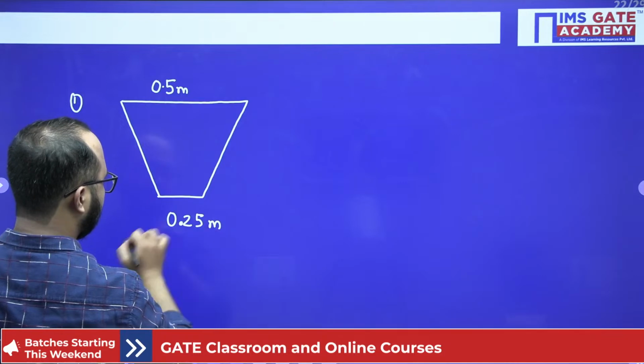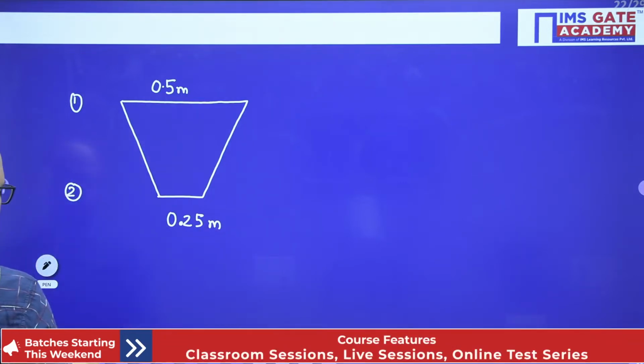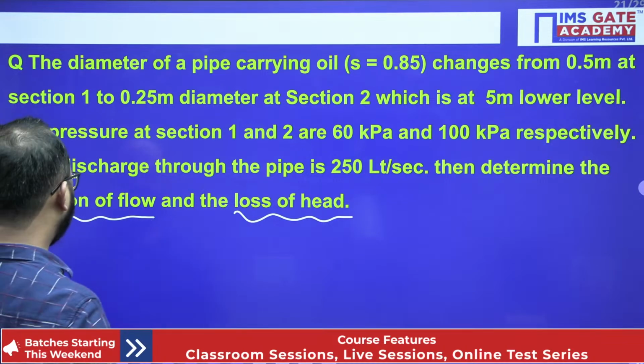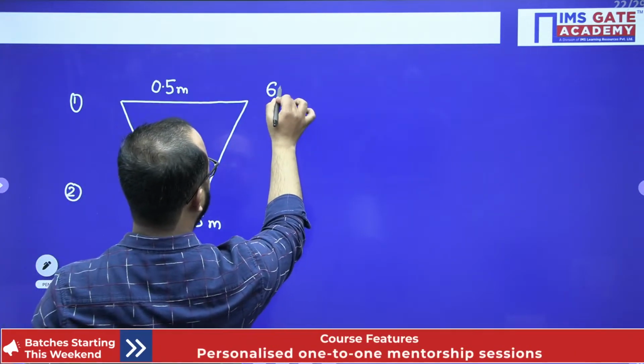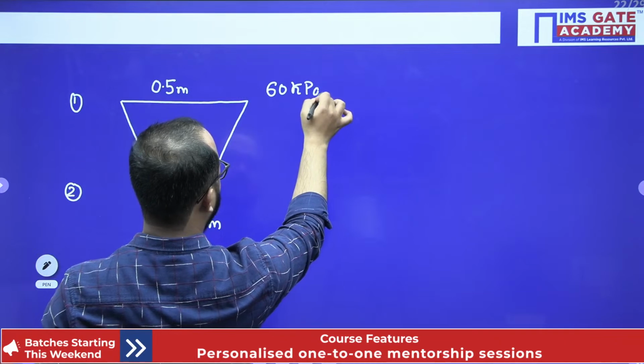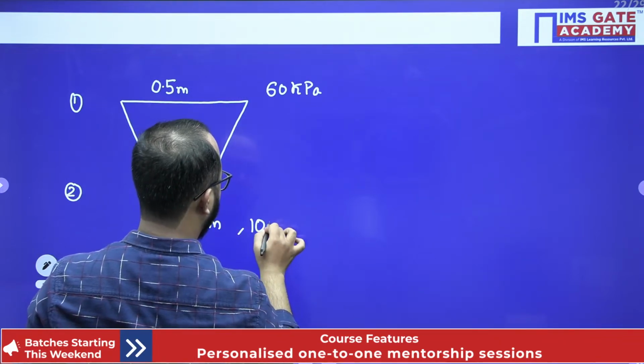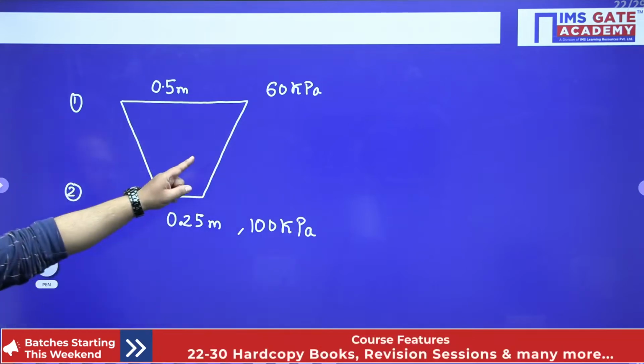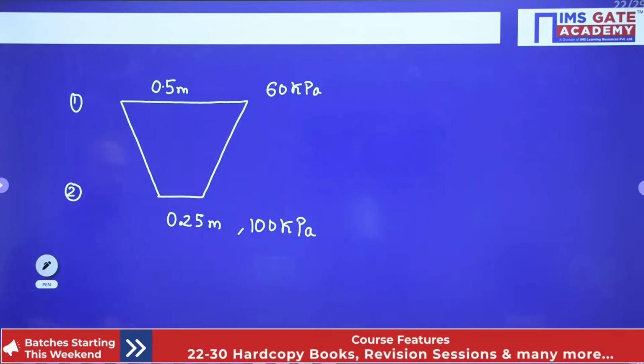So you should draw the diagrams so that there is no confusion. Sections 1 and 2 have 60 and 100: 60 kilopascal pressure, 100 kilopascal pressure.